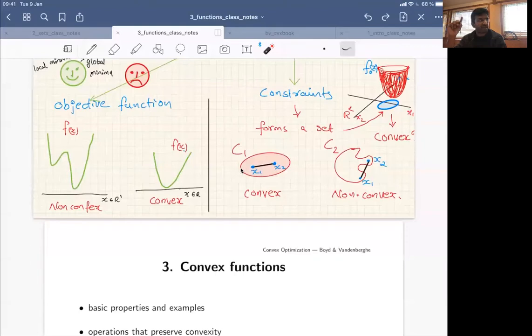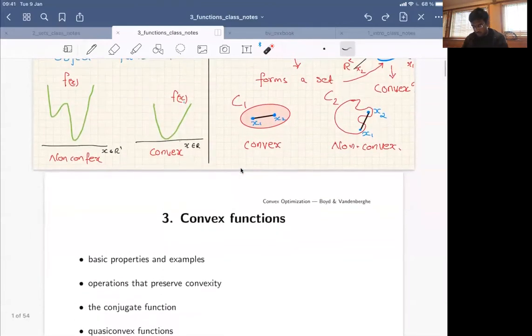A function can take a very complicated form, and you should learn some things about that in detail to identify whether a function is convex or not. Sometimes the function can look very complicated, with a very complicated expression.